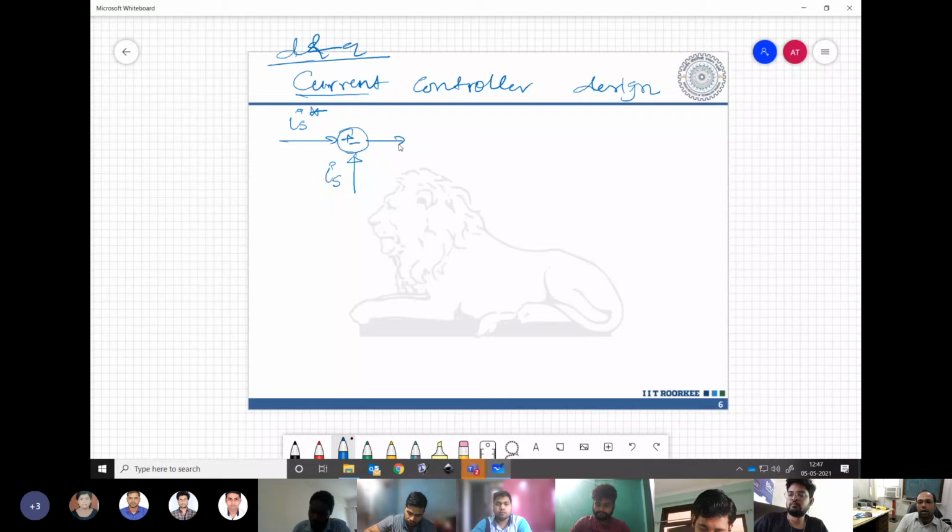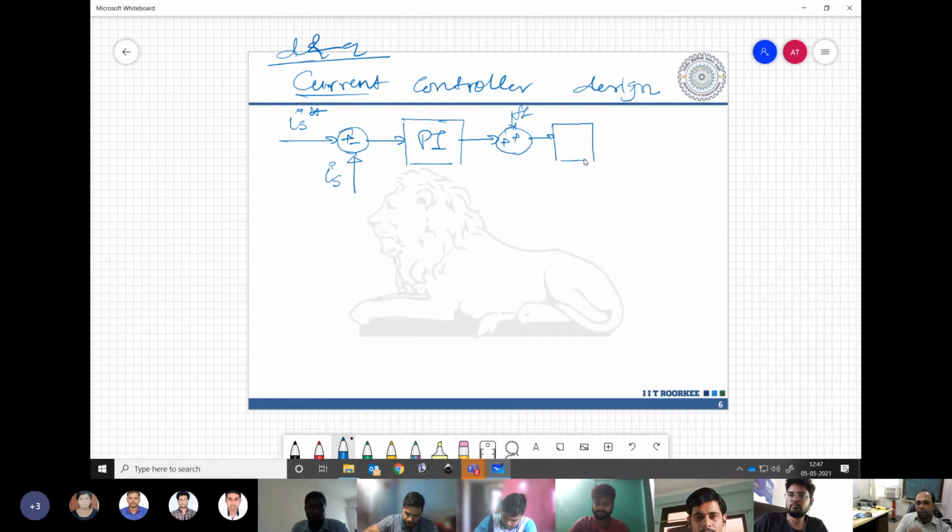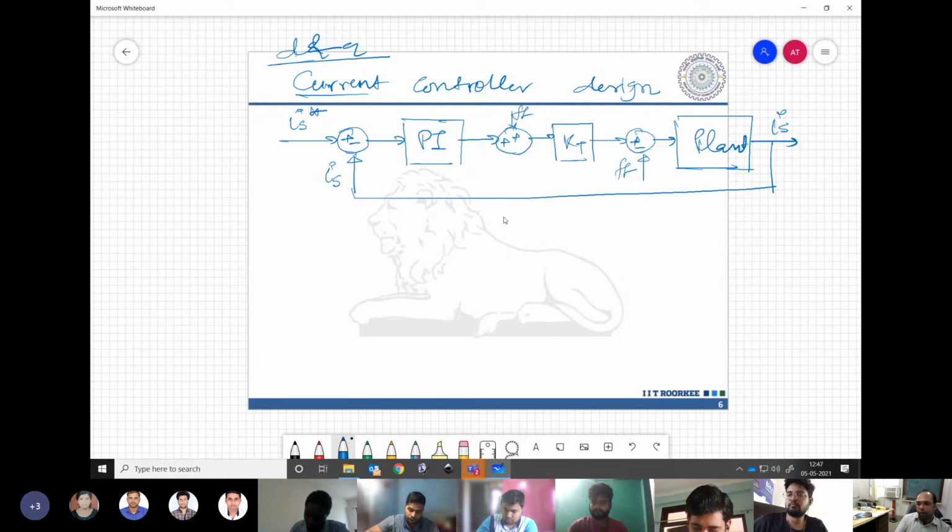And then we have our PI controller, which is generating some reference where we are adding our feed forward, which is going to our inverter in terms of modulating signal. Then it is generating the voltage, from which the feed forward term is removed, and then the plant generating our current IS. This is our current control loop. Any confusion in any part of this?